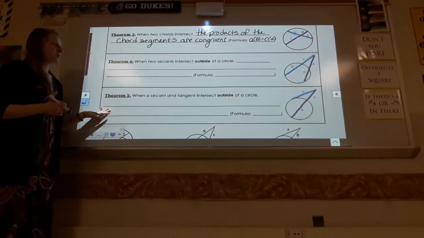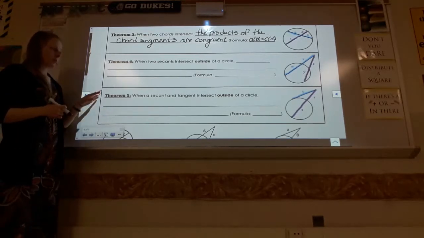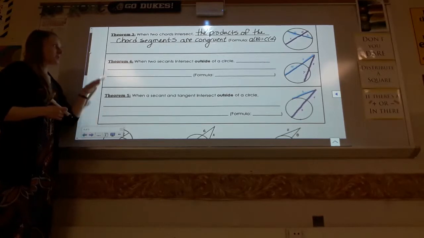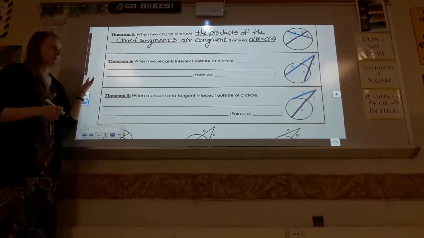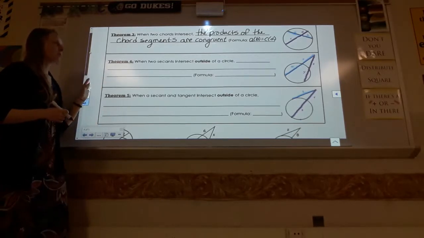All right, these next 2 are a little bit more complicated, especially in the wording. That's why they're a little bit longer. So theorem number 4, whatever, it's more of a formula than a theorem, but whatever.